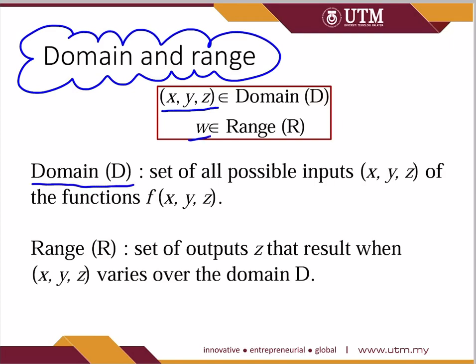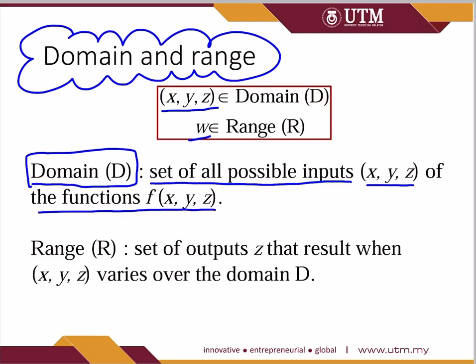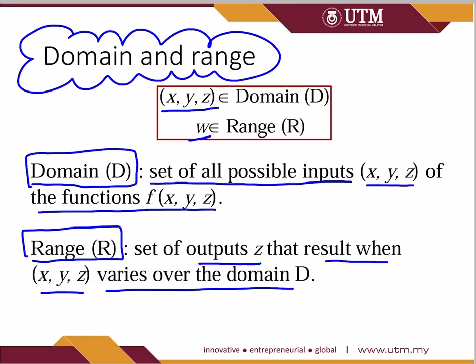The domain D is the set of all possible inputs X, Y, Z of the function W here. The range R is the set of outputs that result when X, Y, Z vary over the domain. So the range is the output, and the domain is the input X, Y, Z.